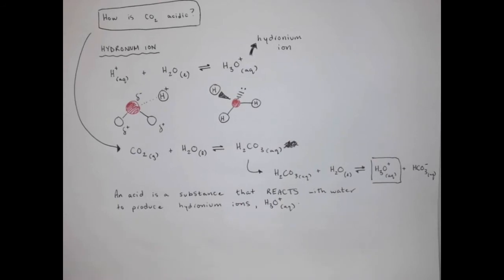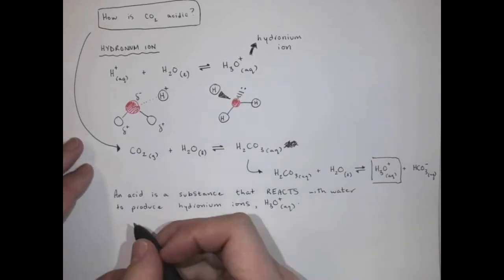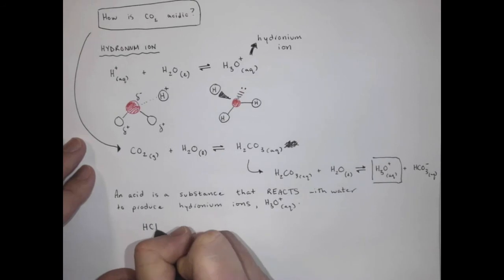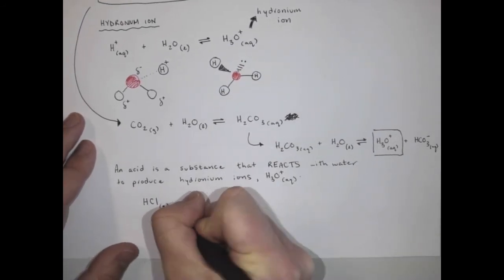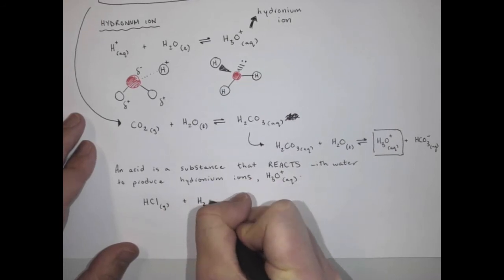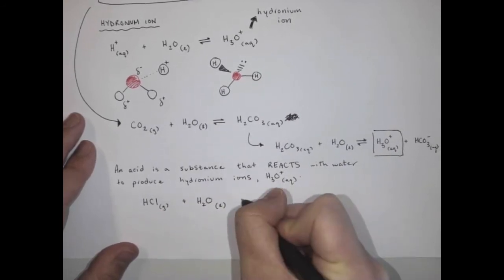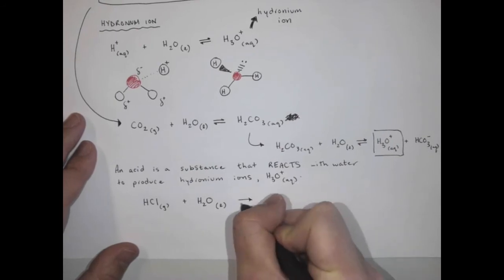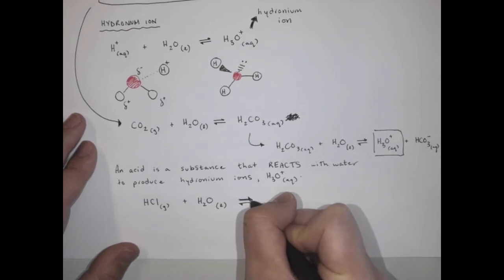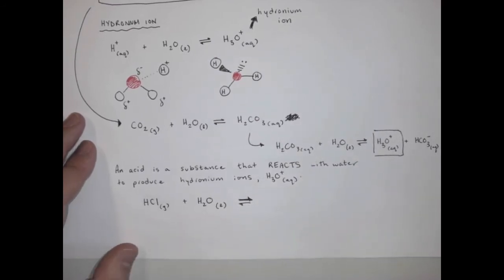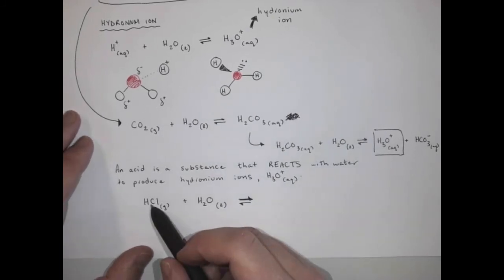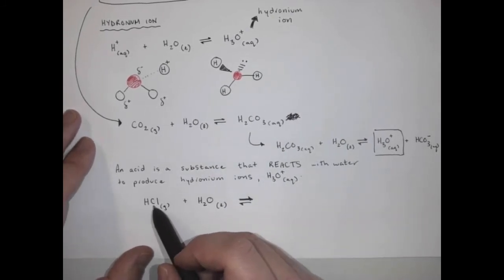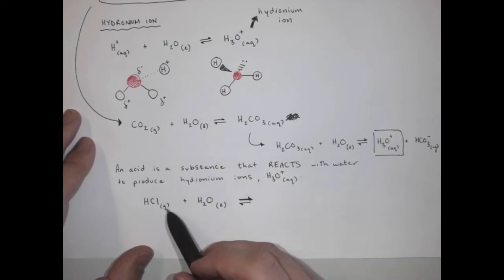So I'll do a little bit of a simpler example. Let's say we take hydrogen chloride, but this time we're going to react it with water. The forward reaction here is quite strong, but for consistency I'm going to show it as having double arrows. So hydrogen chloride plus water, what happens here?